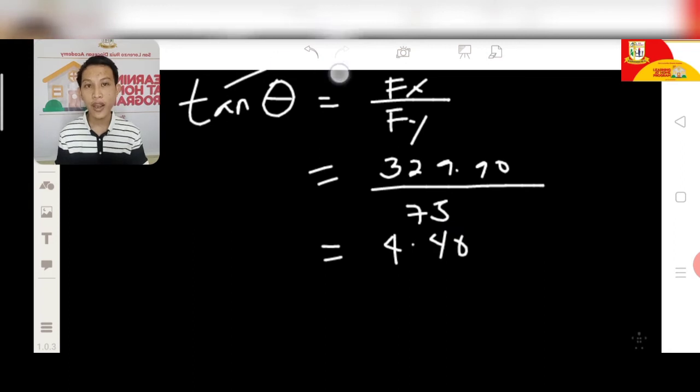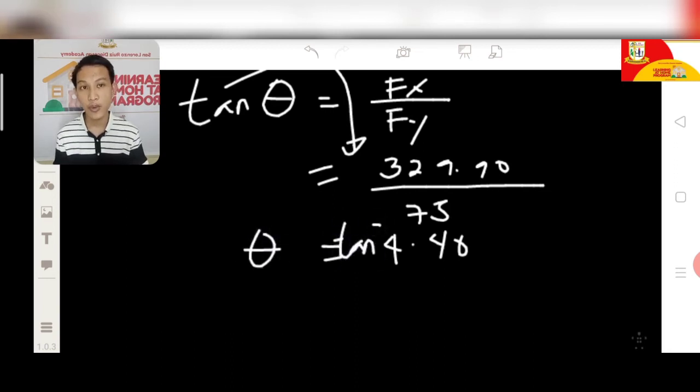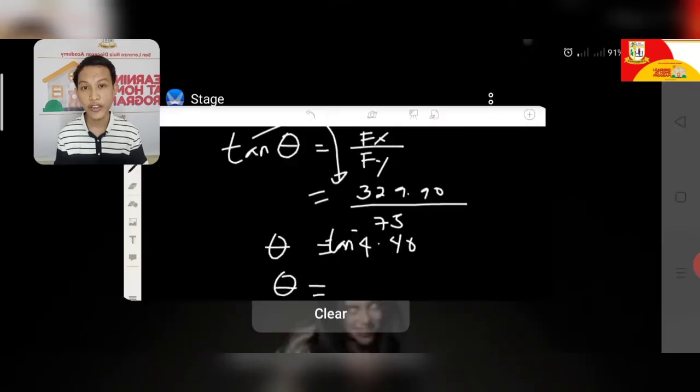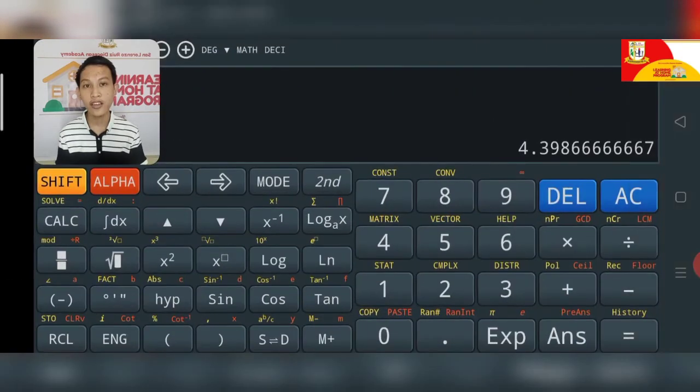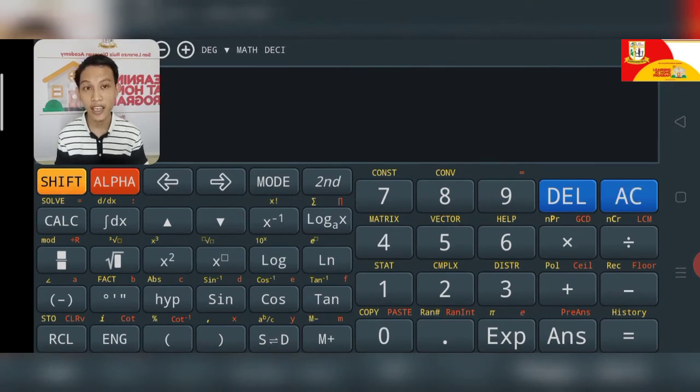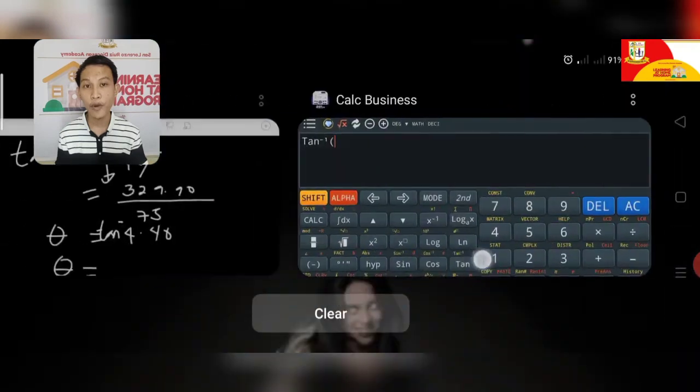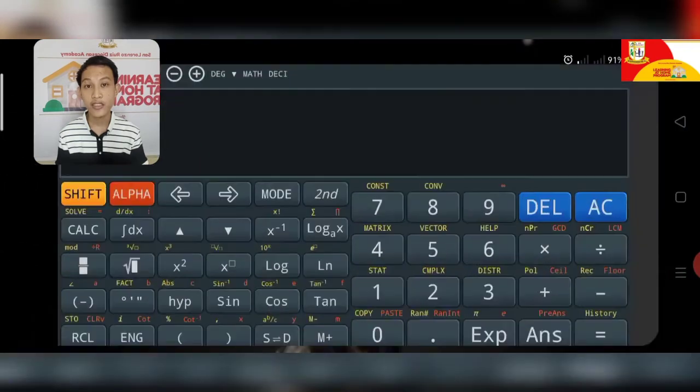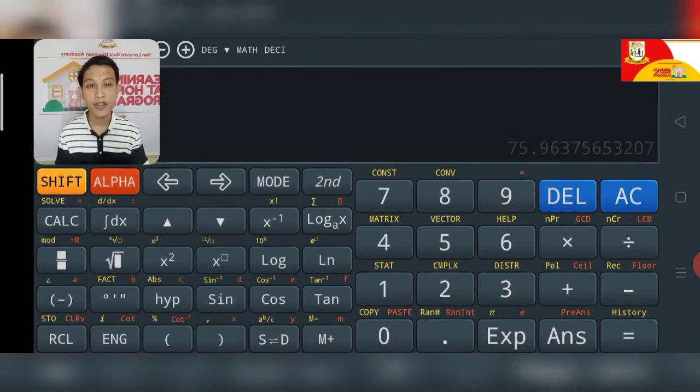Okay, and then we have to transpose tangent to make it an inverse tangent, so that theta will be left on the left side of the equation. We have arctangent 4.4. Okay, so you have to type it on the calculator using the shift button and then the tangent key, then 4.4, which is our quotient earlier.